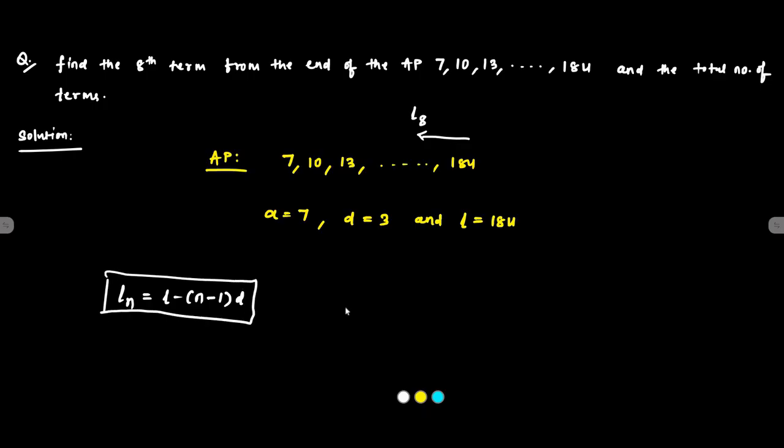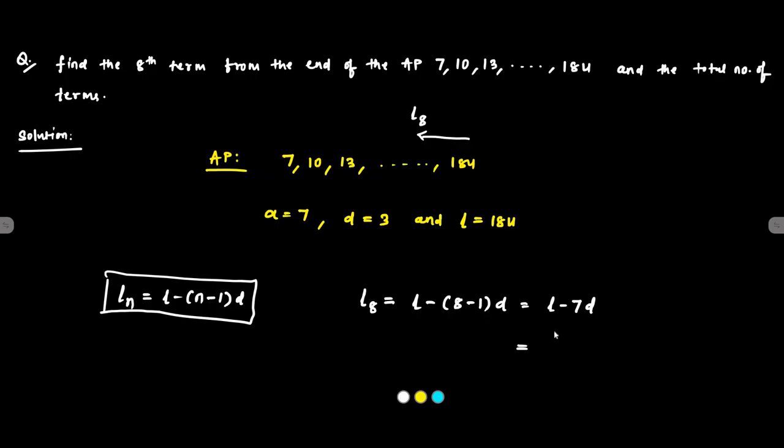So here we have to find the 8th term from the end. So it will be equal to L minus (8 minus 1) d, which is L minus 7d.